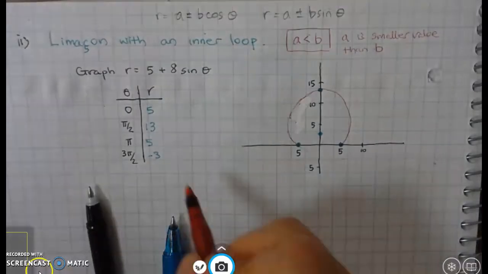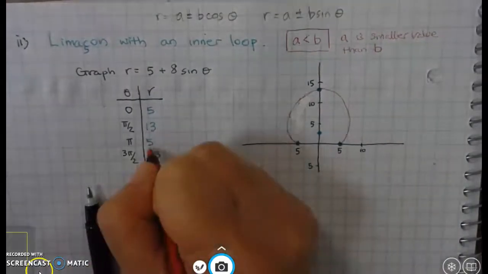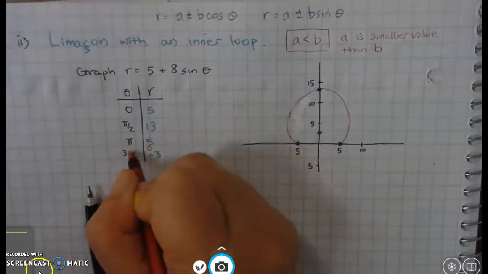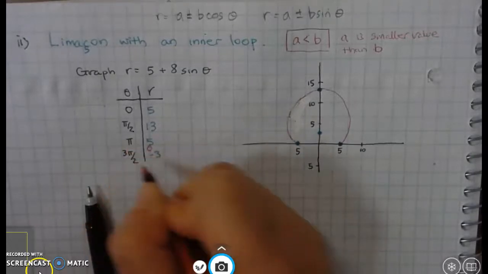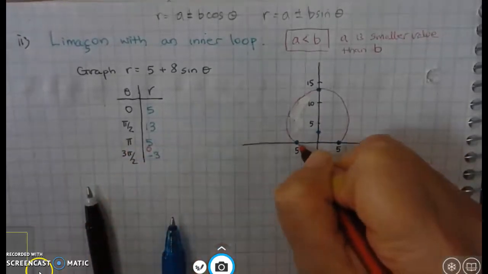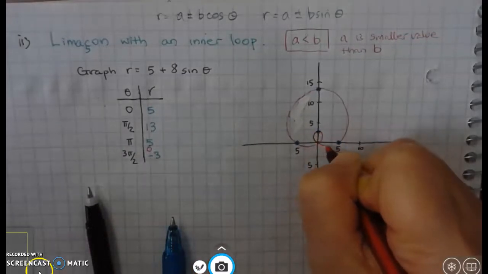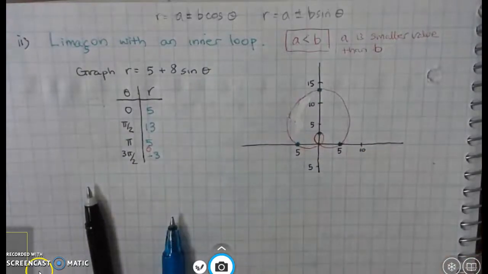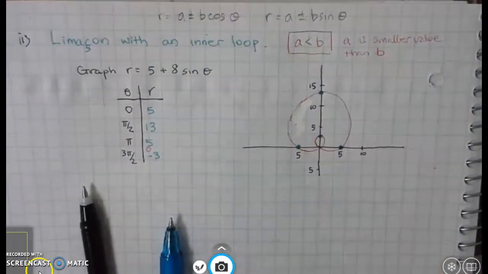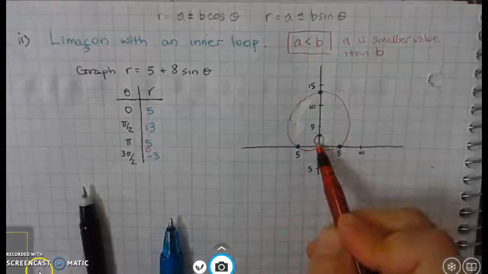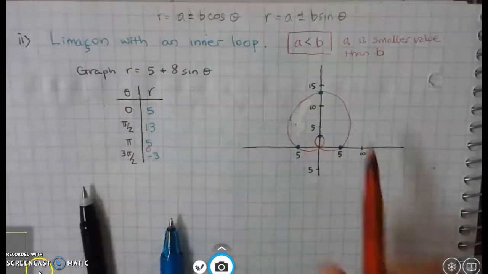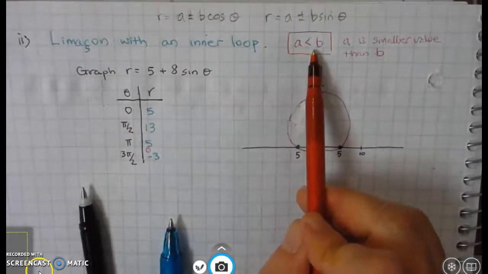But before it actually goes to negative 3, we have a point right there that's going to be 0. That's between pi and 3 pi over 2. So it actually goes through like this, and it's going to make a loop here, and then it's going to continue. So this is the shape you would have for a limaçon with the inner loop, and you can see the inner loop right there. And that's when A is smaller than B.